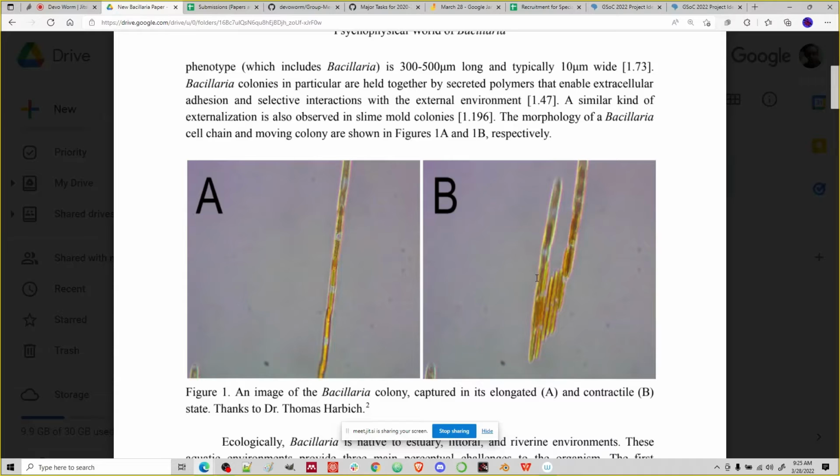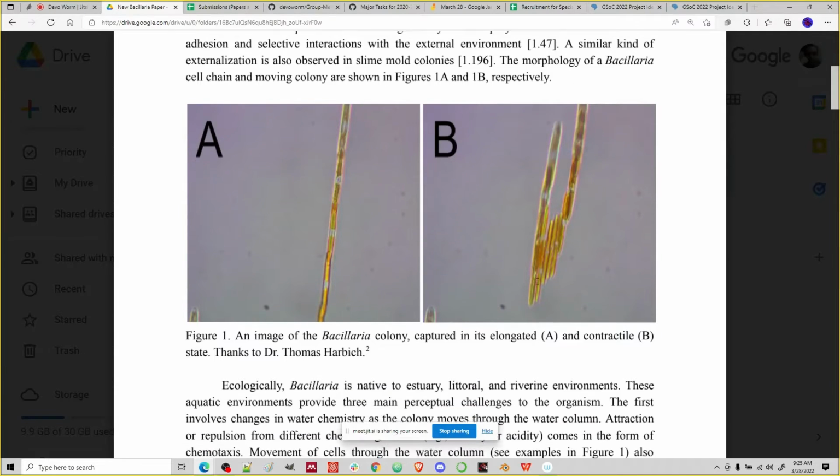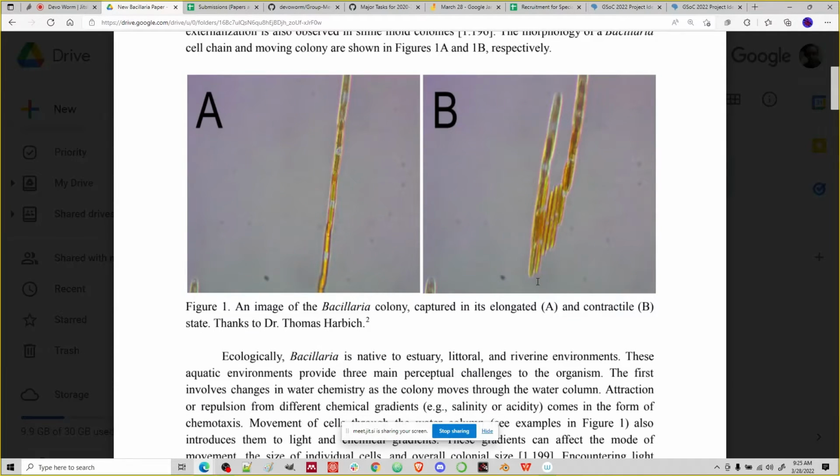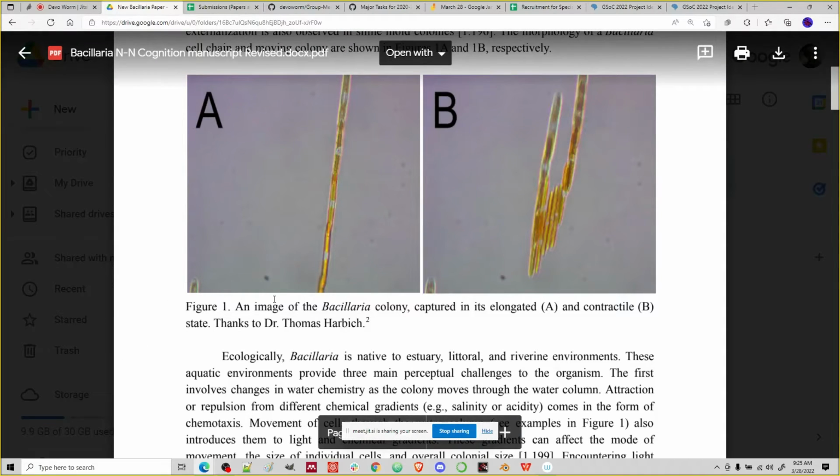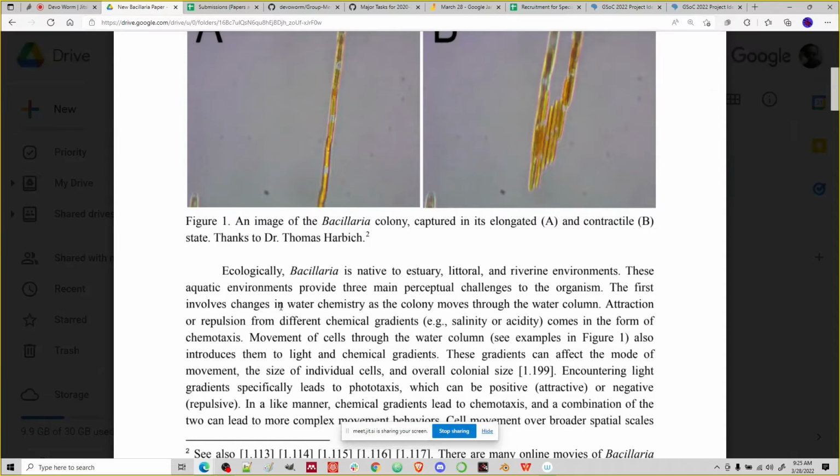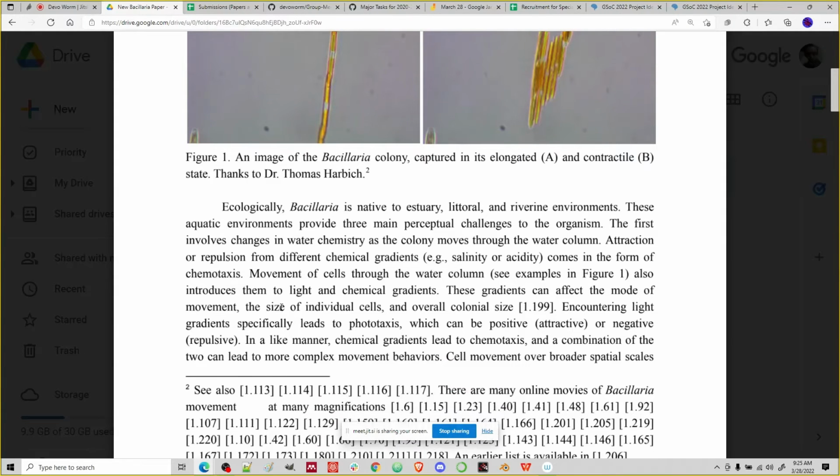In this paper, we're talking more about what the cells are doing in terms of an internal model of their environment, and how they communicate with other cells in the colony. It's pretty hypothetical, but it's based on a lot of the Basilaria literature, and also on information from the neuroscience and neuroscience modeling literature.